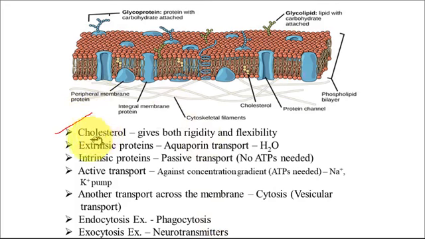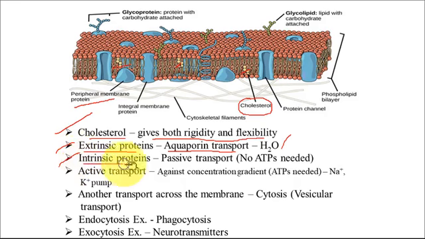The cholesterol structures give both rigidity and flexibility to the plasma membrane. There are two major types of protein. The extrinsic proteins, or peripheral proteins, also include aquaporins, which transport primarily water.